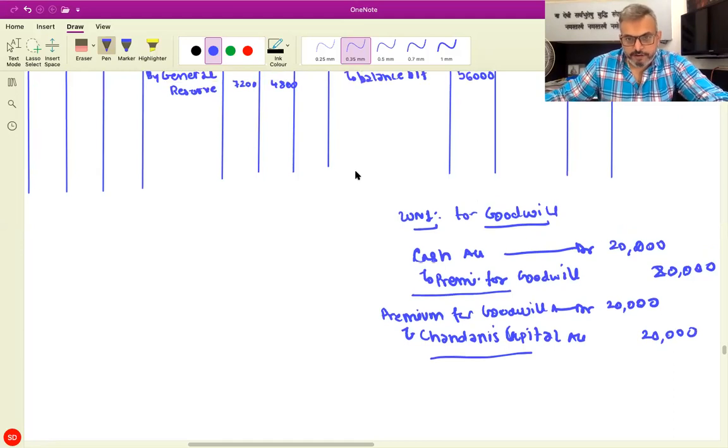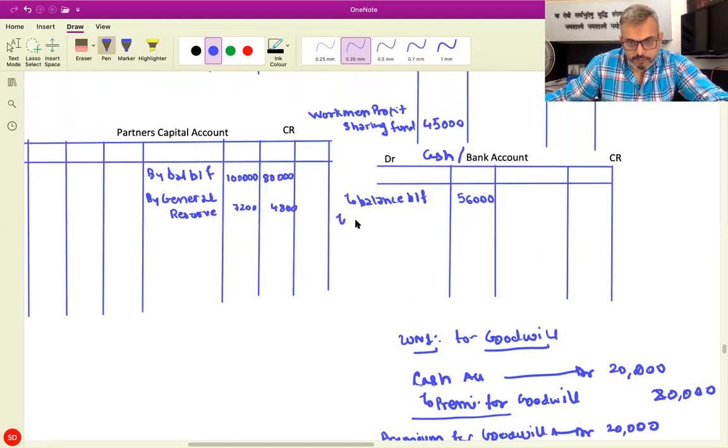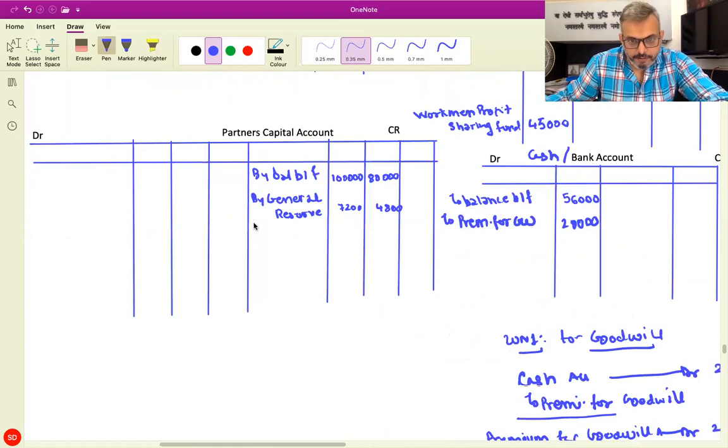Let's do the posting to premium for goodwill 20,000, by premium for goodwill. Chandni, Nihar, Payal. It goes to Chandni, 20,000.